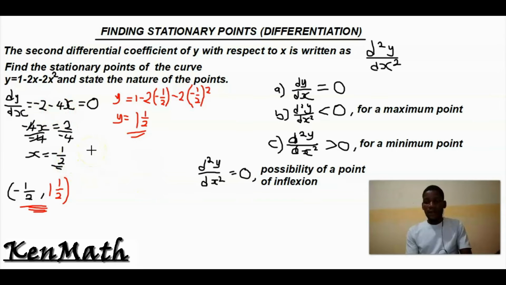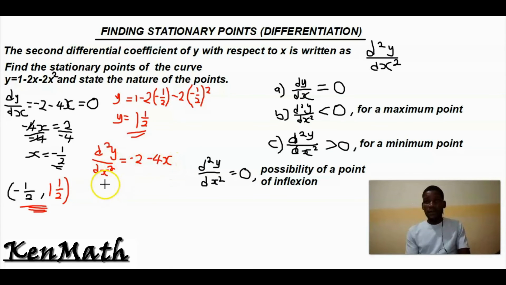So we're going to say the second differential coefficient is d squared y over dx squared of what we have been given, negative 2 minus 4x. That is the first differential coefficient.